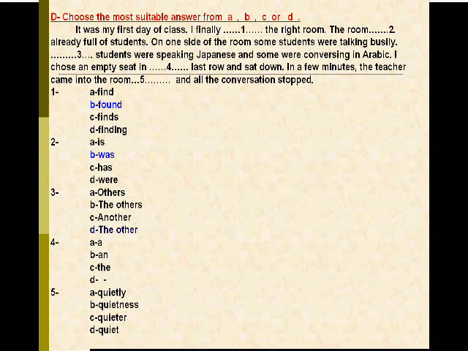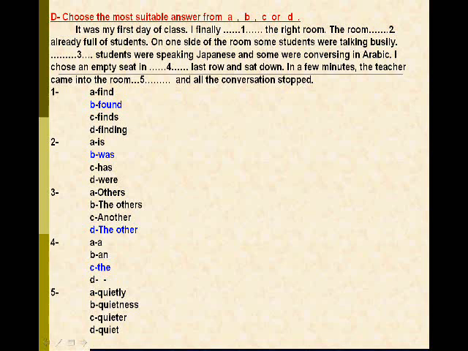Yeah, so the answer is going to be: the other students were speaking Japanese and some were conversing in Arabic. I chose an empty seat in last row and sat down. So space 4: A, a, B, an, C, the, and D, no article. Very good. In the last row and sat down.